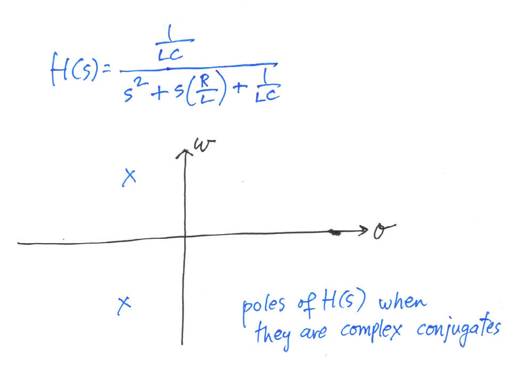We may make a substitution at the very last step, making S equal j omega in order to get a frequency response, but normally we try to keep that j omega out of the picture as long as possible to simplify the expressions, to make them less cumbersome, to make fewer mistakes.